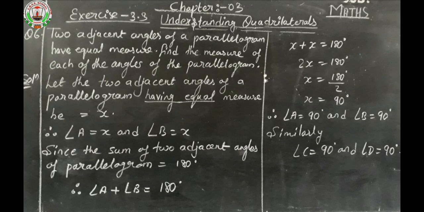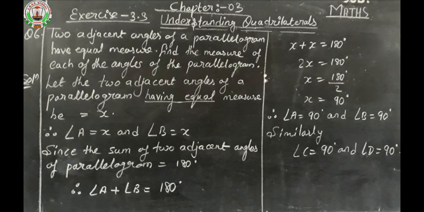What does it say? Before doing the exercise, we have to remember the properties of a parallelogram. So what are the properties of a parallelogram? The sum of all the four angles of a parallelogram is equal to 360 degrees. The opposite sides are parallel and their measures are also equal.